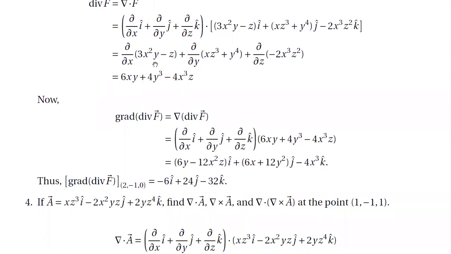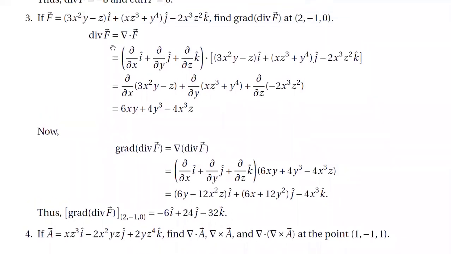If we calculate the dot product here, the first term will be 6xy, this term will become 0, plus dou by dou y of this term, that will be 4y cube, and dou by dou z of this term will be minus 2x cube into 2z, that is equal to minus 4x cube z.